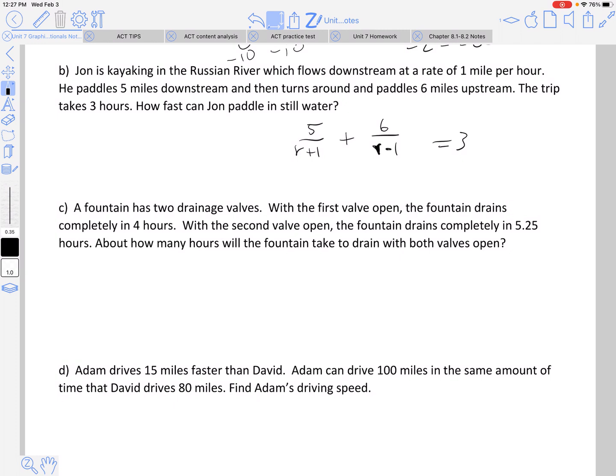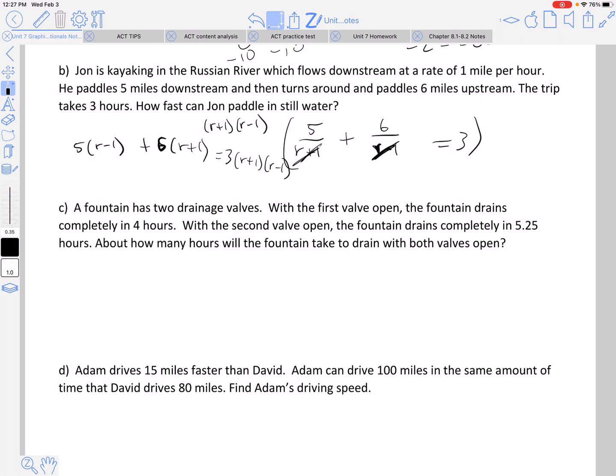Okay, so now all we have to do is solve. So I'm going to find my least common denominator, which is r plus 1 times r minus 1. When we multiply to the first one, that'll cancel out with the r plus 1, leaving us with 5 times r minus 1. The r minus 1 will cancel out, so we'll have plus 6 times r plus 1 equals 3 times r plus 1 times r minus 1.